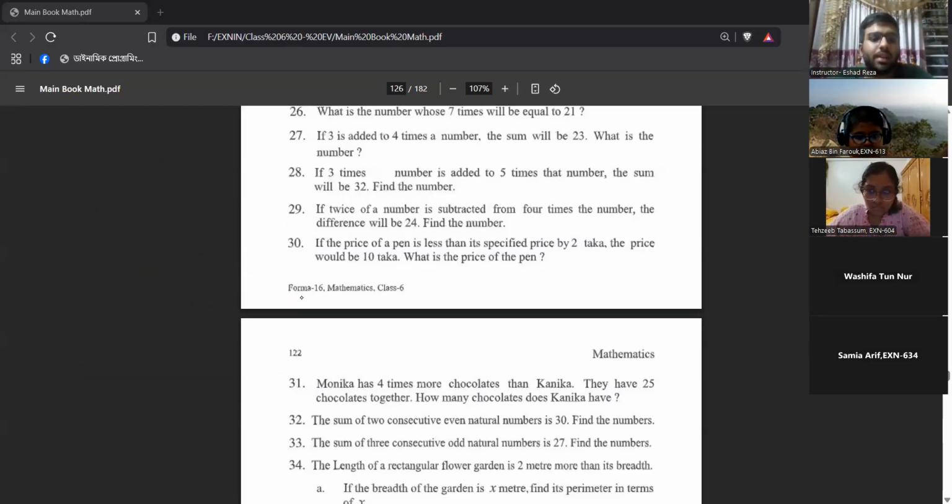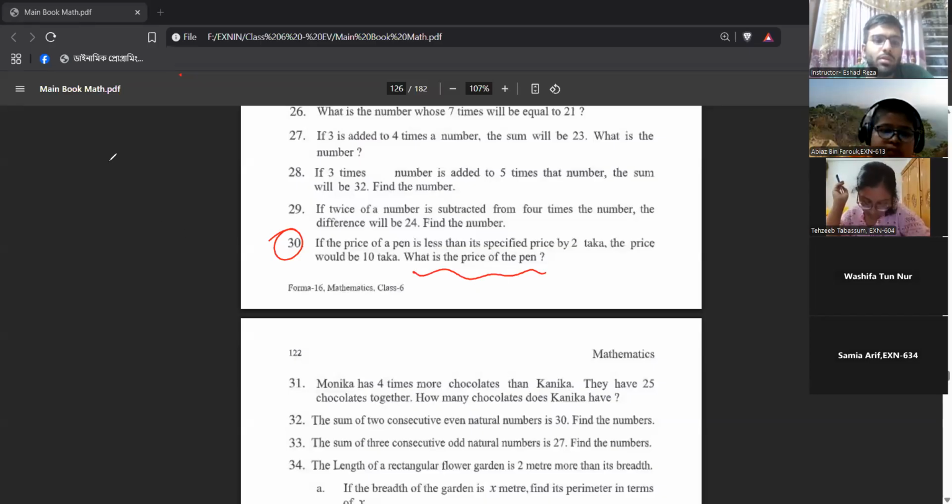So let's go. I think you guys can solve all the problems here, but just for the purpose of explaining to everyone, let me go to number 30. They're saying if the price of a pen is less than its specified price by 2 taka, the price would be 10 taka. What is the price of the pen? What do we not know? That is x.